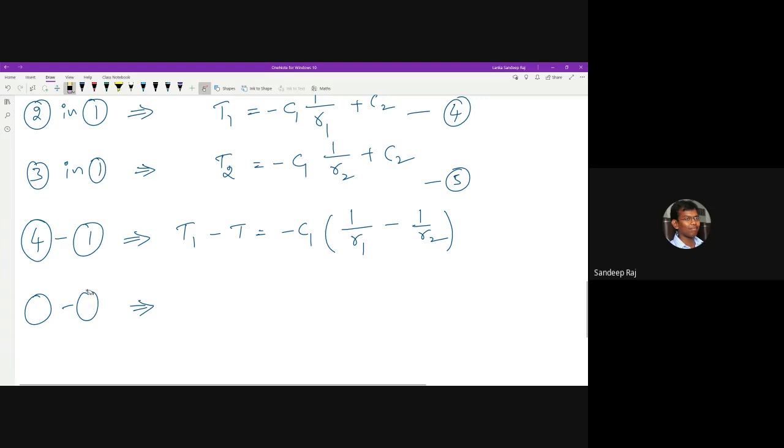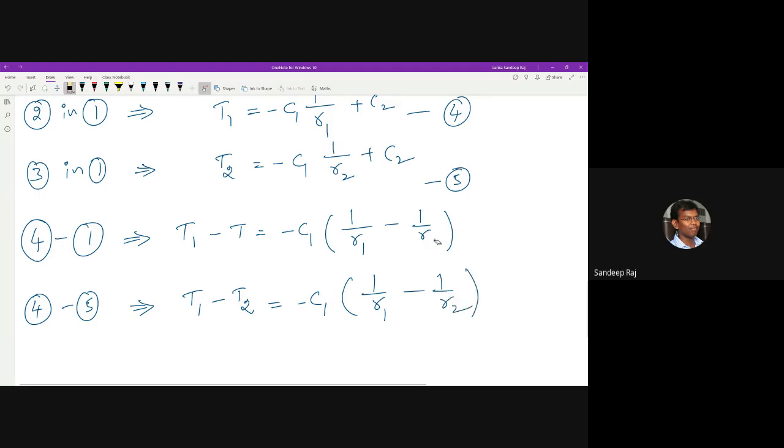What I want is T1 minus T2. For that I have to take 4 minus 5, because T1 is in 4, T2 is in 5. So it is T1 minus T2 is equal to minus C1 of 1 by R1 minus 1 by R2.